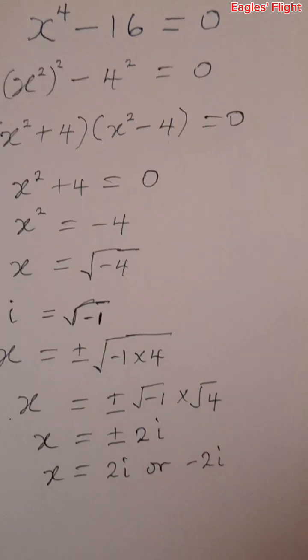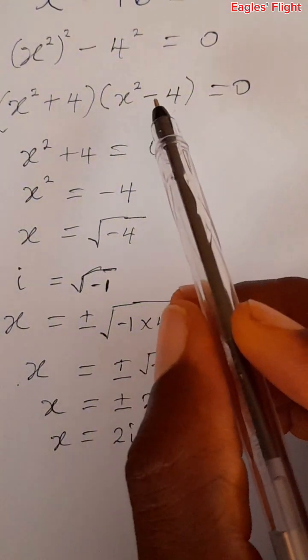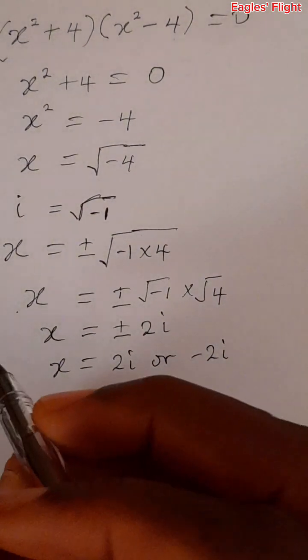Now, let's simplify the x squared minus 4 to get the roots for that.